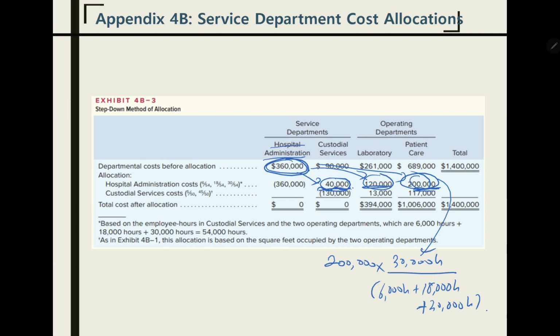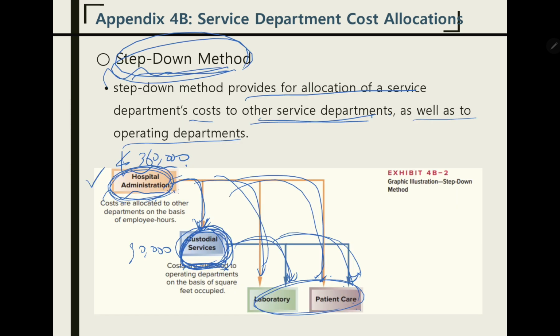And then in the second step, we allocate the custodial services cost to operating department. Okay. However, we do not allocate the custodial services cost to hospital administration. Why? Because it is like a cascade.